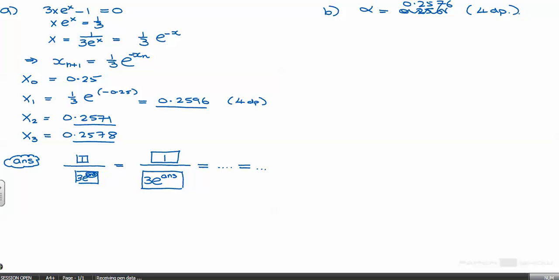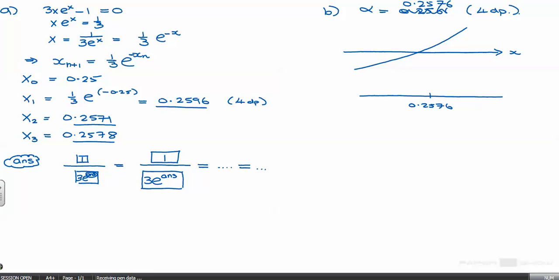Now, if we just draw the x-axis, so let's say that's our x-axis, and our curve crosses somewhere here. Now, if we round to 0.2576 to 4 decimal places, if we think about what's the next number up, it'll be 0.2577, and the next number down 0.2575.